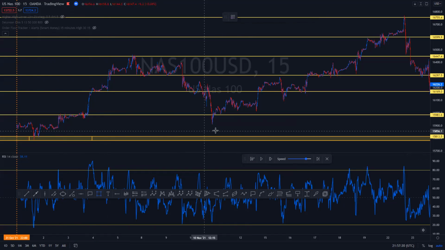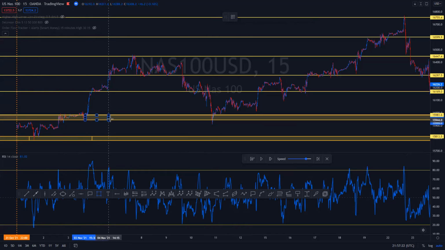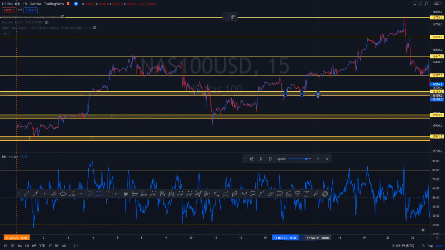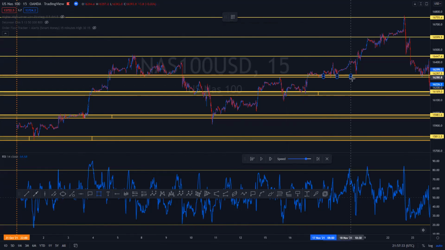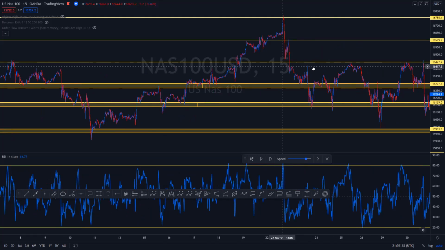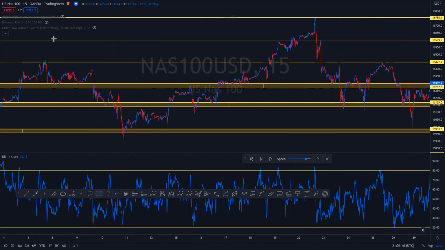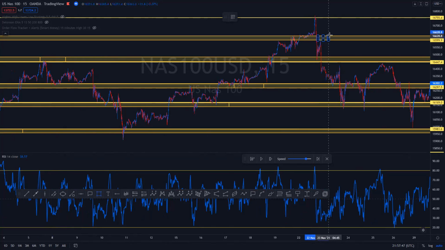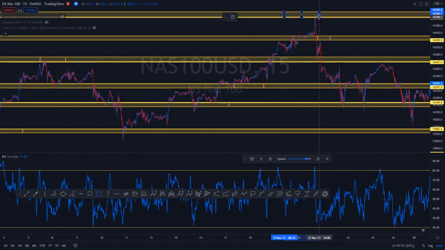So we're going to draw zones based off of these institutional imbalances and off of these horizontal lines. Right. Then one here, one up here, and a good one up here, right?